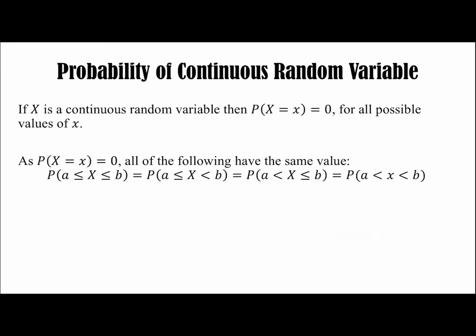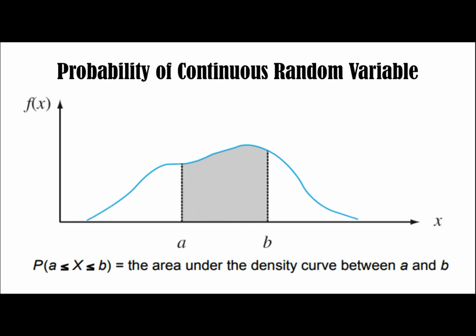So probability with the closed interval from a to b, or closed on one side and open on the other side, or open at both ends, should have the same value. So probability of x from a to b is the integral of f of x, which is the probability density function, with limits from a to b. And it can be represented as a shaded area under the density curve between a and b.